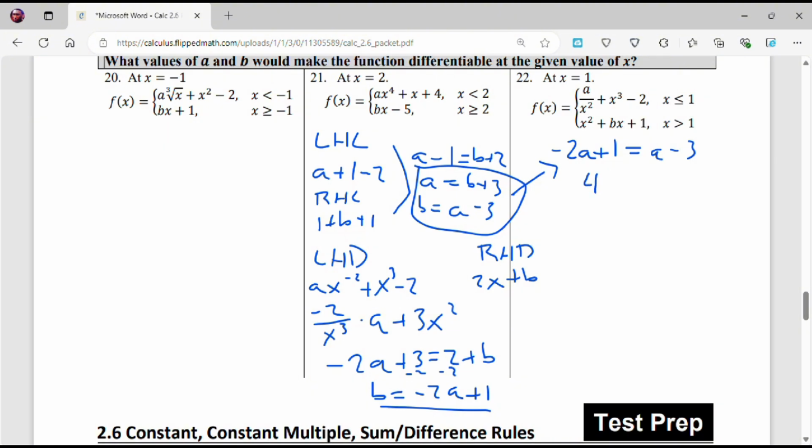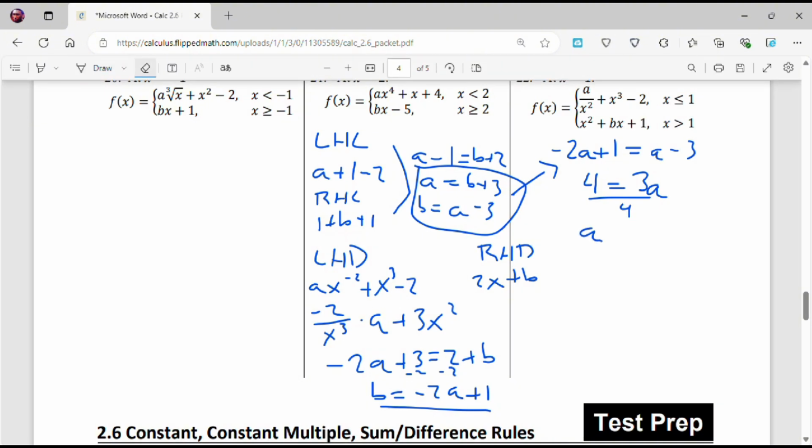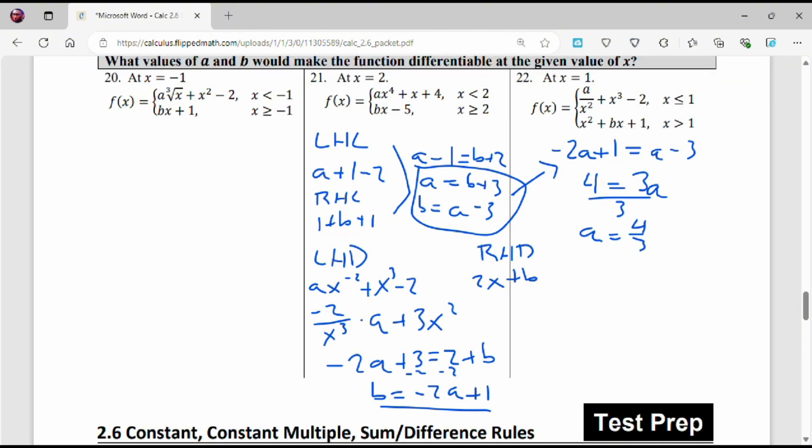So 1 plus 3 is 4. A plus 2A is 3A. And so divide by 4. Sorry, it's not divided by 4, right? Because it's 3A, it's not 4A. So divide by 3, and you get A equals 4 over 3.